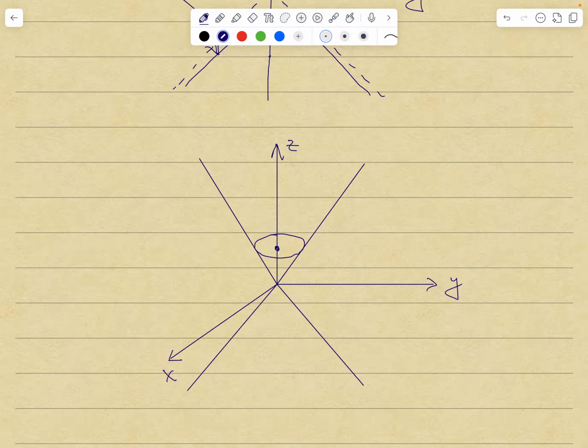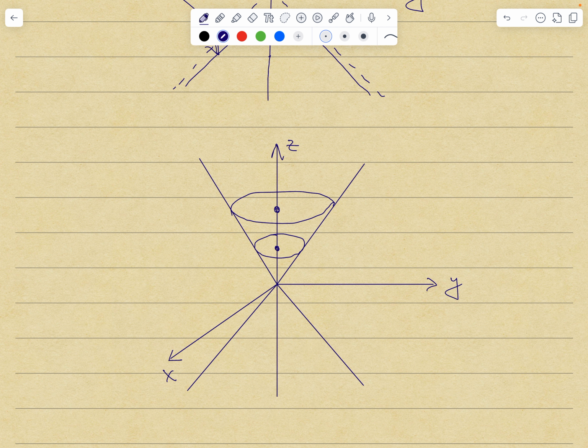If I'm at level 2, the cross section is a circle of radius 2 like that. If I'm doing the same thing below the xy plane at level minus 1, I still get a circle of radius 1. At level minus 2, I get a circle of radius 2.